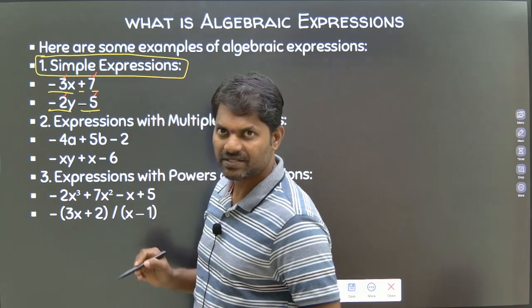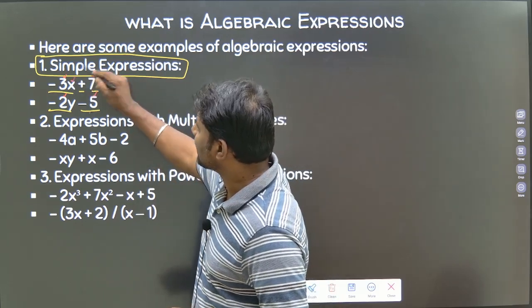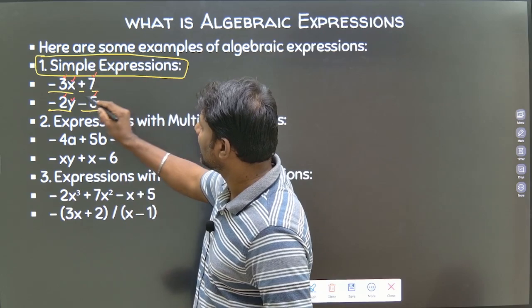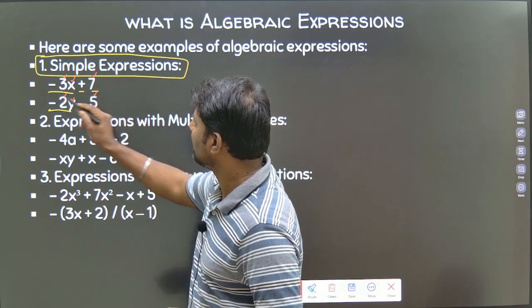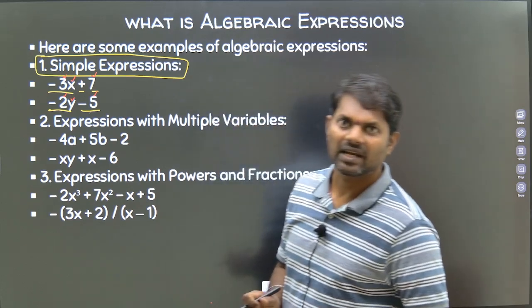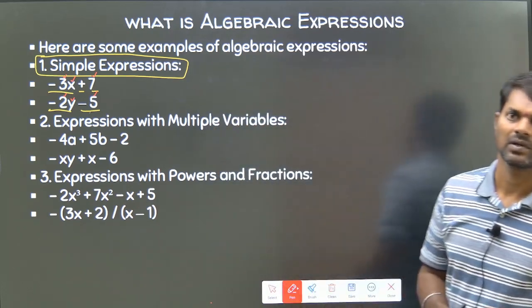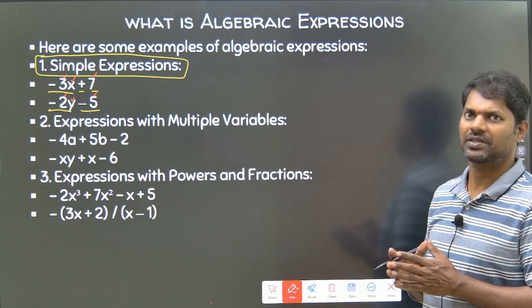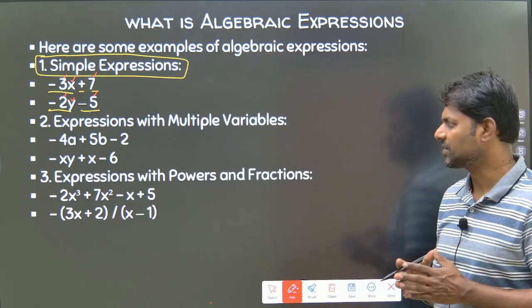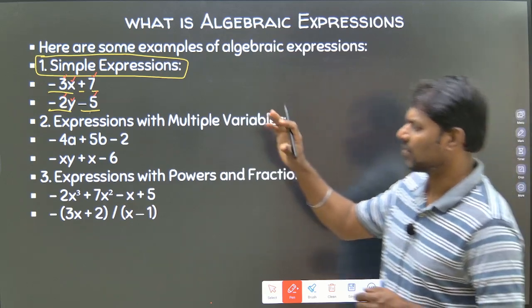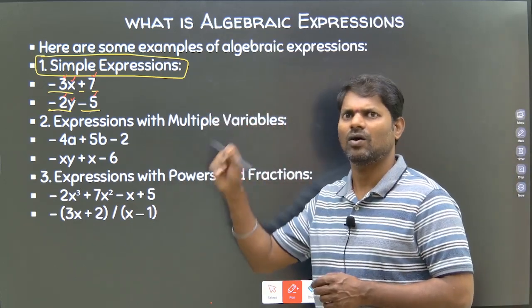Here x, here y, then plus, minus symbols, these are the operators. So algebraic expression is a mathematical expression which contains constants, variables, operators.